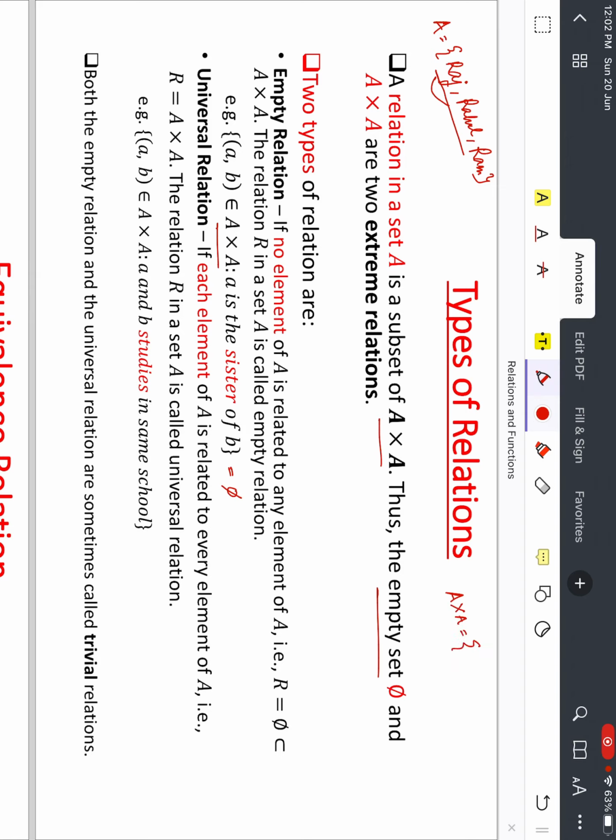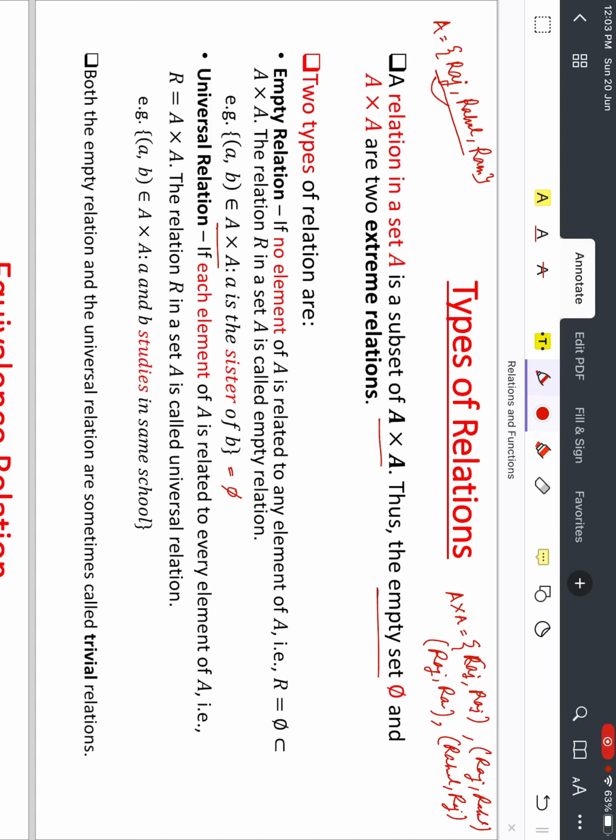The Cartesian product is nothing but (Raj, Raj), (Raj, Rahul), (Raj, Ram), then (Rahul, Raj), (Rahul, Ram), (Rahul, Rahul), (Ram, Raj), (Ram, Rahul), then (Ram, Ram). Like this way, that's the Cartesian product, and that is what the universal relation is also. So every single element is related to every element of that set A. So that is what the universal relation is.